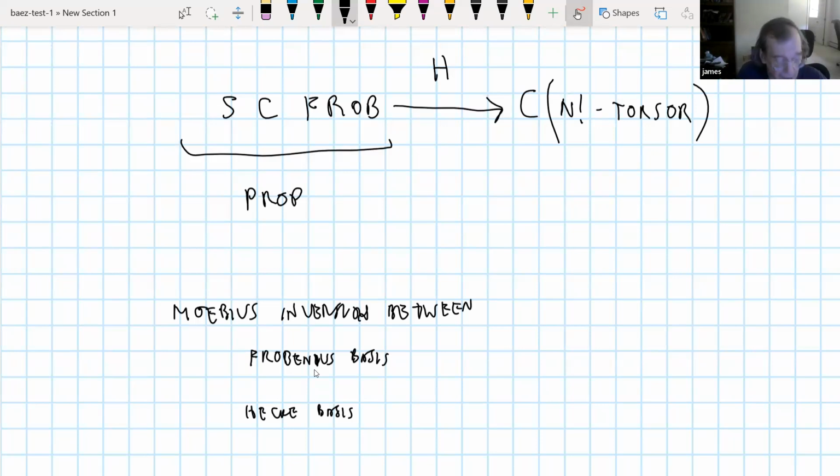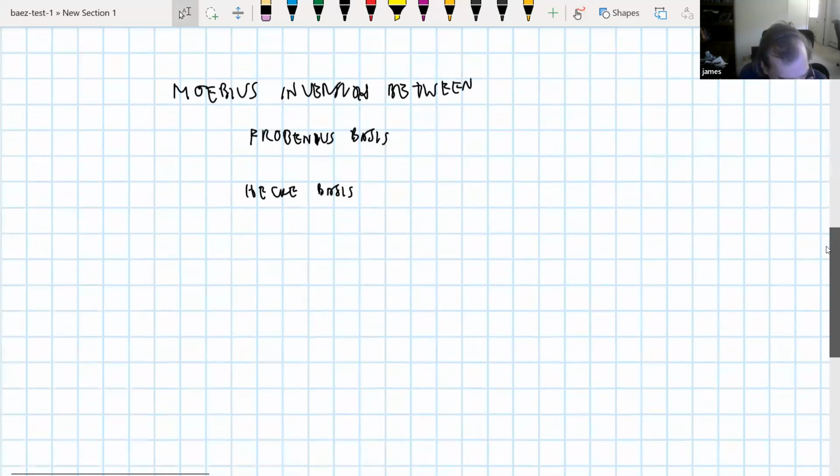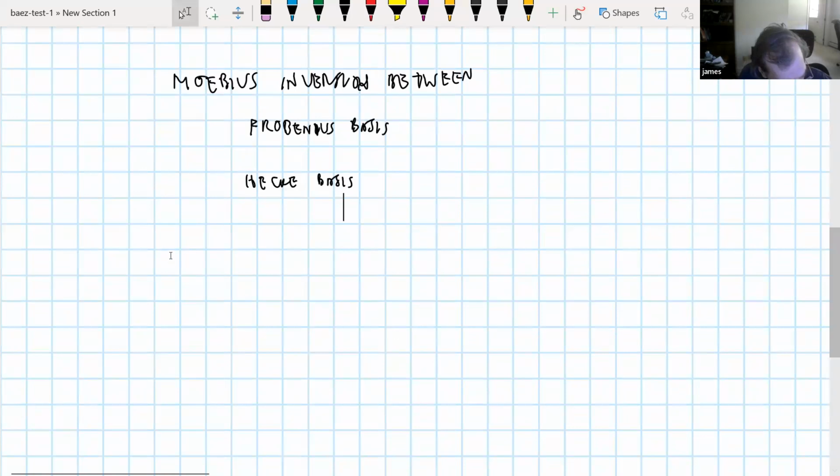I'll try to do the example, and then we'll try to appeal to the example to understand the Möbius inversion philosophy here. I think that's how I'll try to approach this. So the example that I've got here is, let's say, for example, n equals 2.